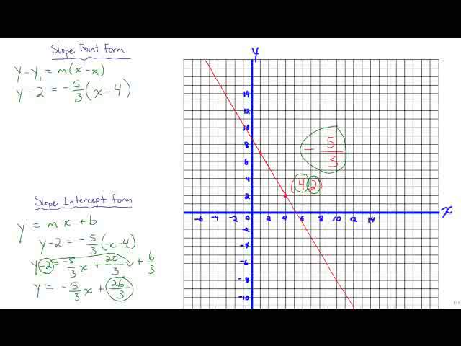And if we look to the graph, 26/3 is not a nice whole number, and we can see here that our line crosses somewhere just under 9, and it's not really a nice whole number. It would be a decimal. We have a slope point form equation for this graph, and we have the slope intercept form equation for this graph.